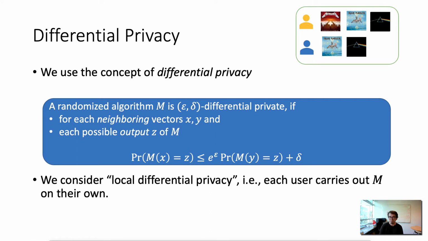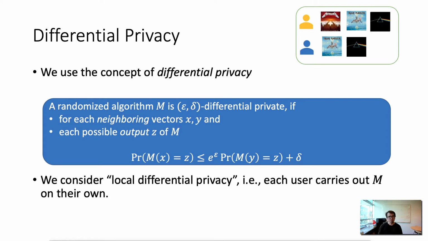But it basically means that if I, as a user, have a certain vector, then people won't be able to tell for certain which vector I had compared to neighboring vectors. For the sake of this talk, the notion of neighboring is very easy. Two vectors or sets are neighboring if they differ by 1 element. So here in this case, yellow and blue are neighboring.